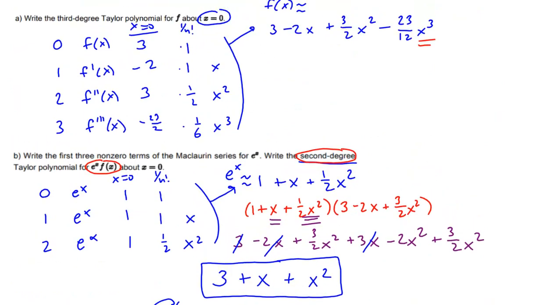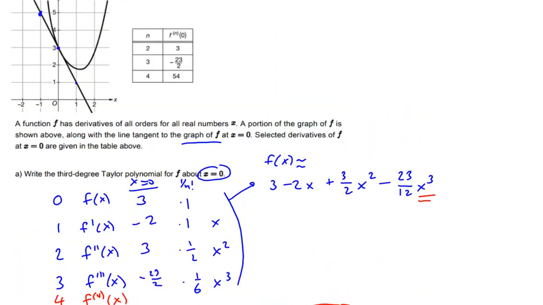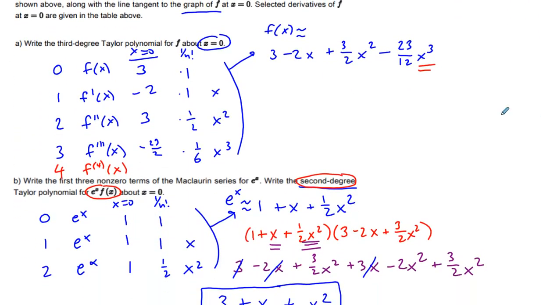We need to come back here and figure out what that 4th term would have looked like. Well, it would have been the 4th derivative at x. And we go further up still, there it is. The 4th derivative, again, why did they give us this? We needed it for the last part. So that's going to be 54, I believe.